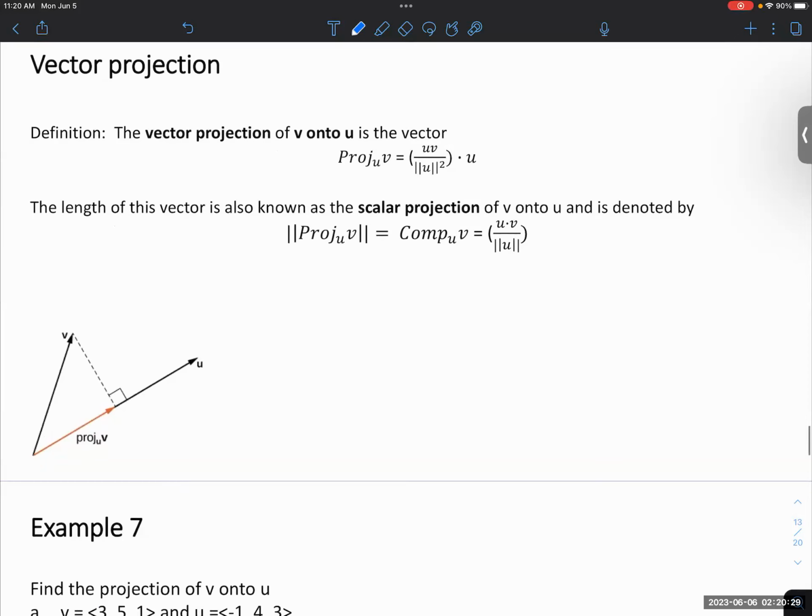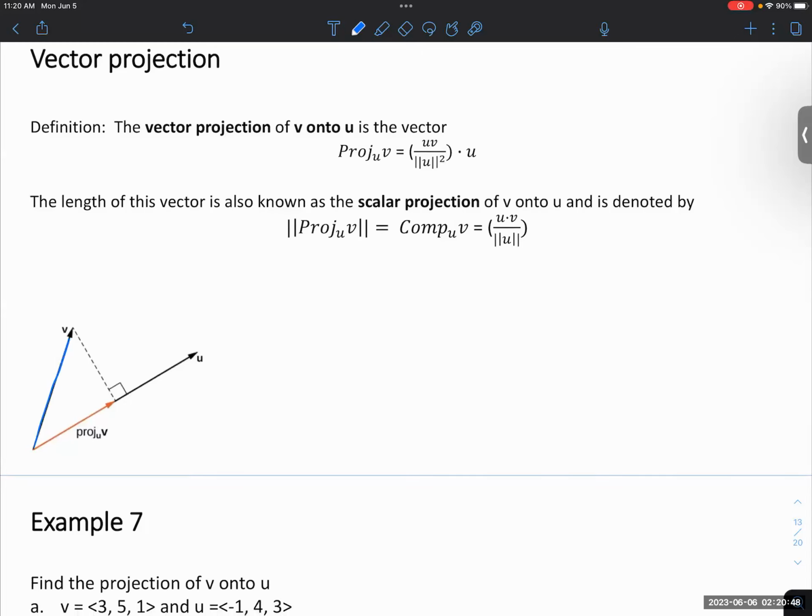Okay. So just a little bit of a word problem. What does the vector projection mean? The vector projection means you have two vectors, u and v, and let's say the u vector looks like this direction, and the v vector looks like that direction.